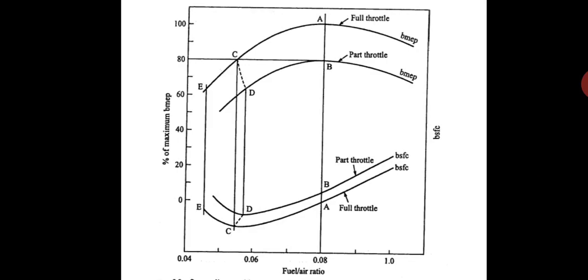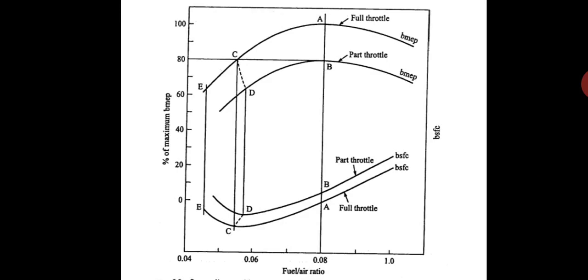If it is required to reduce power by 80% of maximum, it can be done by reducing the throttle with fuel air ratio of 0.08 corresponding to point B. This will result in an increase in BSFC from point A to point B on the BSFC curve. You can see in the figure.